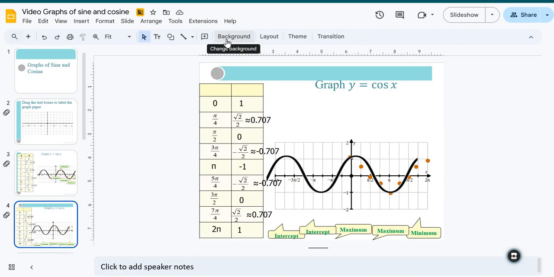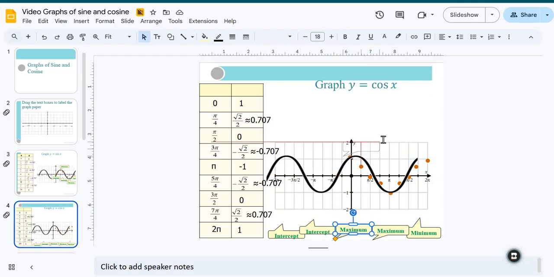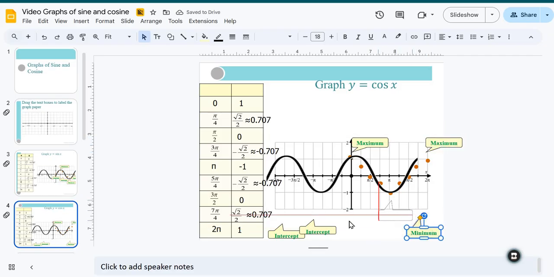Again, not perfect, but we get the idea that this curved shape is going to be similar to our sine graph. But we did say that our key points are slightly different. Notice that we start at a maximum. We are also going to end at a maximum this time. Halfway in between is where our minimum is.